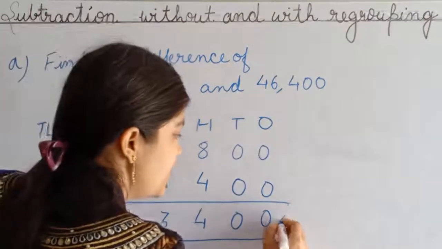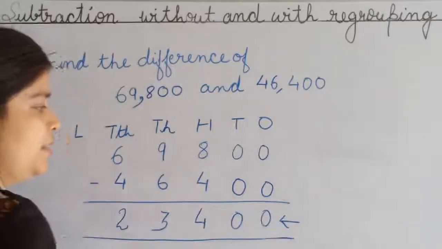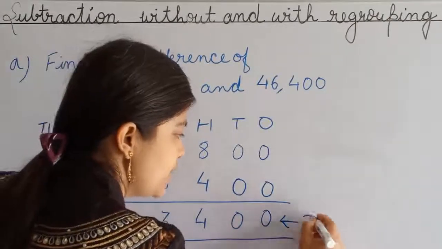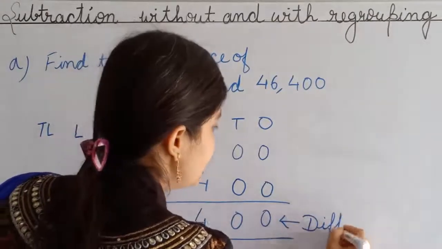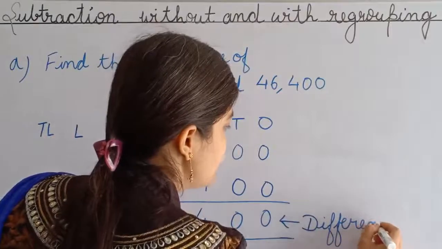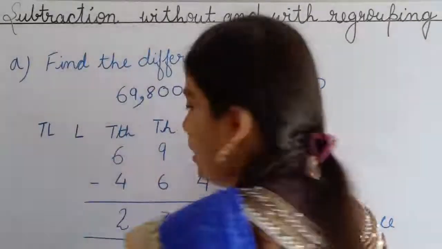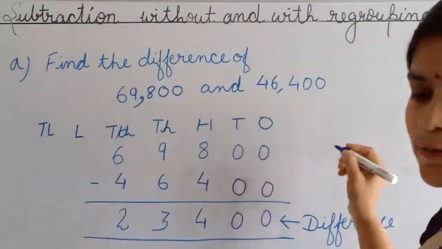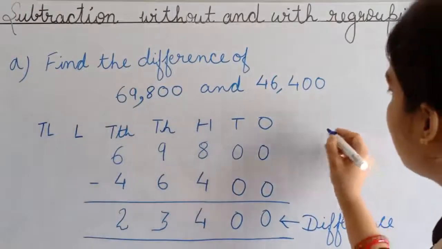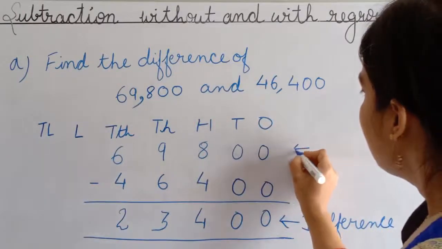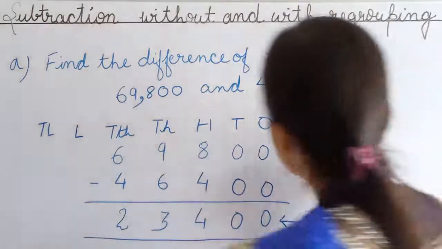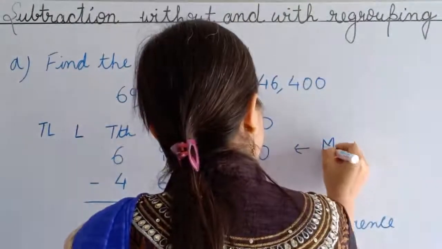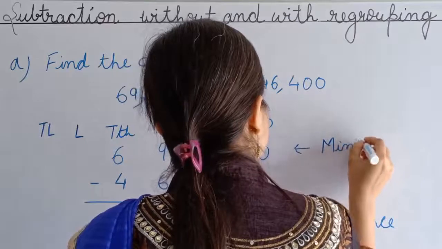So now some technical names also. We will write them here. The answer that comes, we call the difference. And the number from which we subtract the smaller number, that bigger number is known as the minuend.